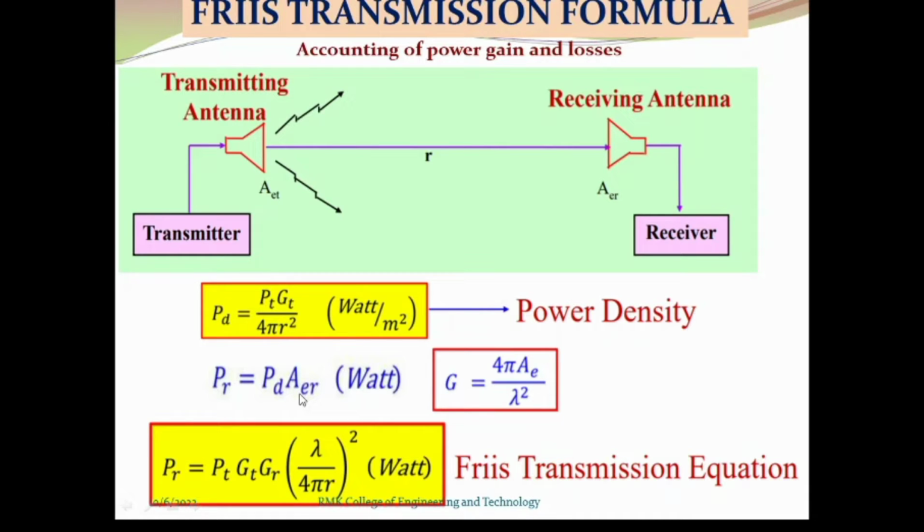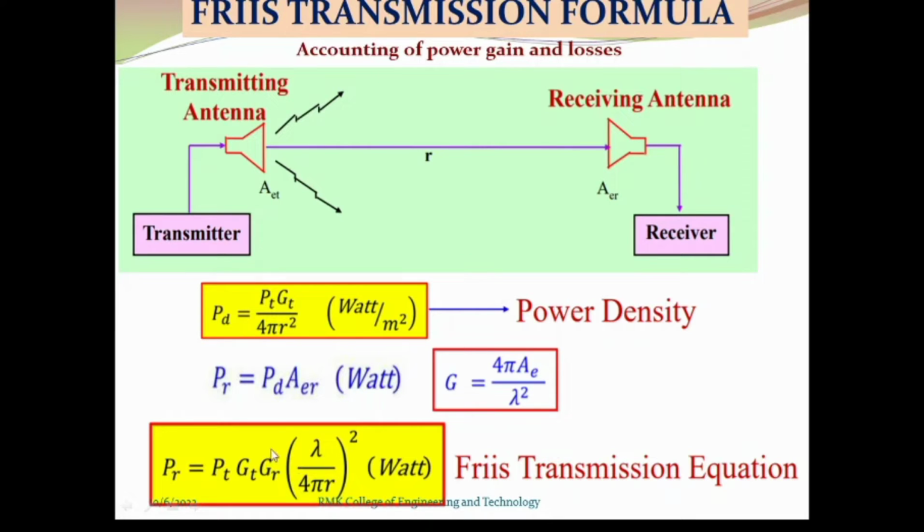For different kinds of antennas, the aperture will be different, so the aperture is based on the dimension of the antenna, and according to the dimensions the power reception will be different. Then the gain can be found using the formula 4 pi effective aperture by lambda squared. These are the relations of received power as well as gain with respect to effective aperture.